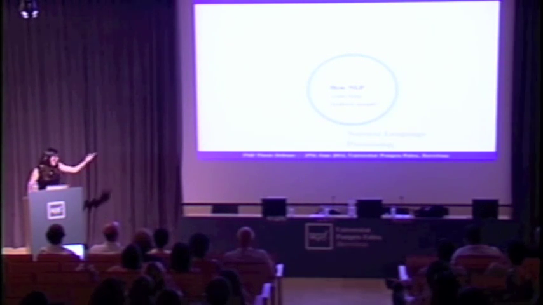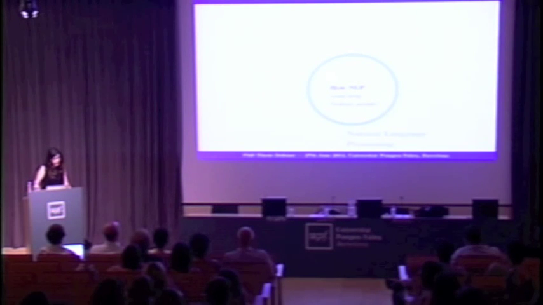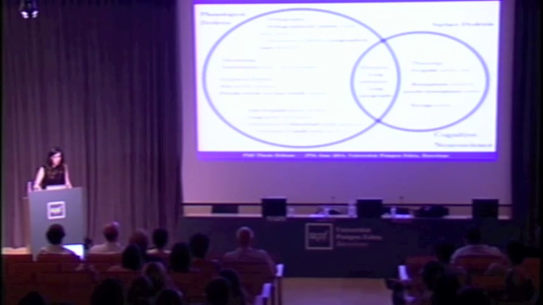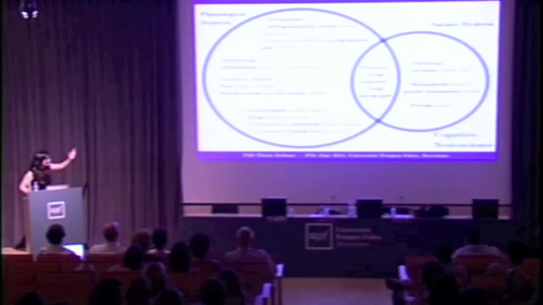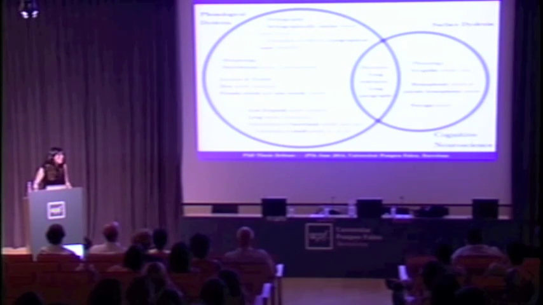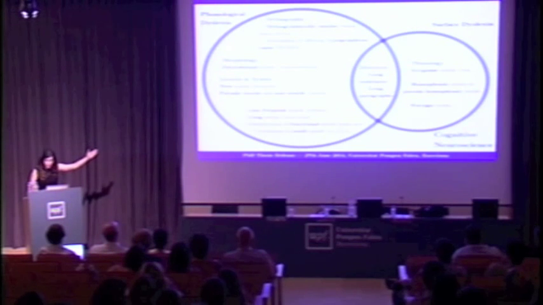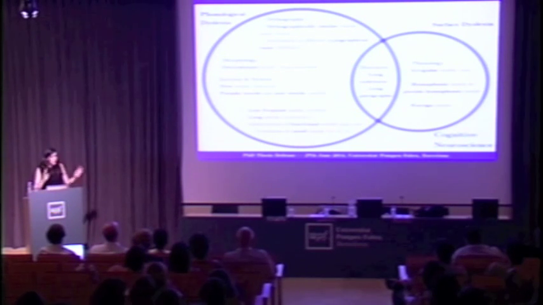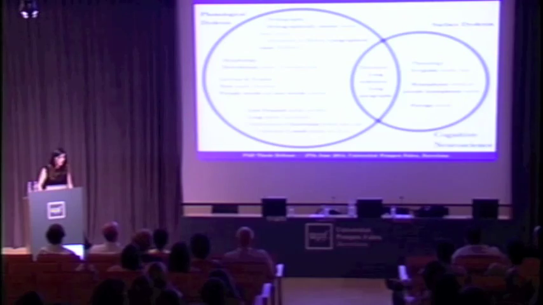So how could natural language processing help people with dyslexia? First, we have here all the dyslexia-related difficulties that we could find related to the content of the text. We took this from cognitive neuroscience literature.